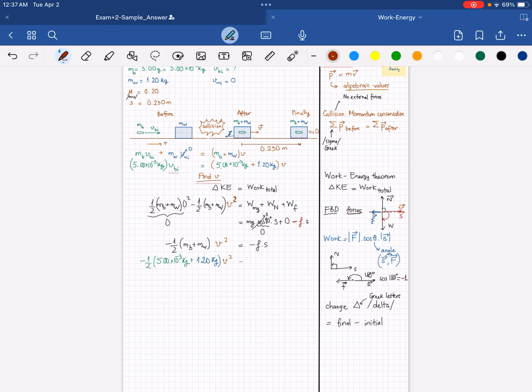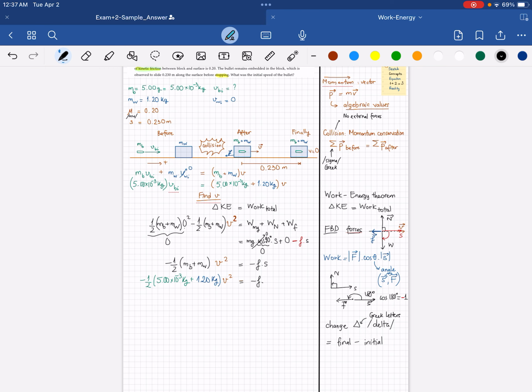And then on the other side, we have minus F. Do we know F? Seems that we don't know F either, but do we know S, the displacement? Yeah, just keep calm. Let's plug in what we know.